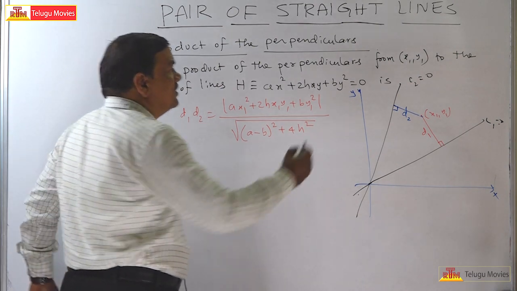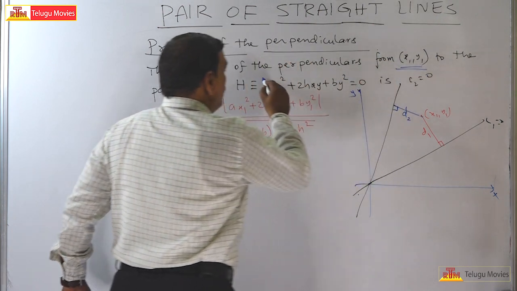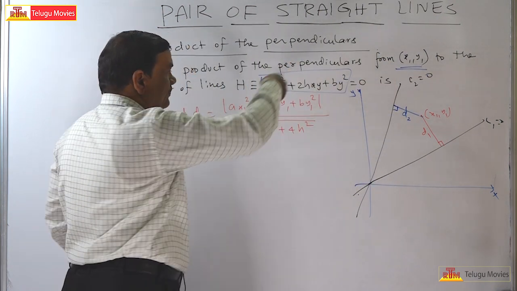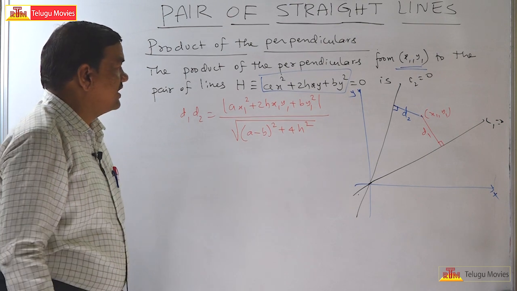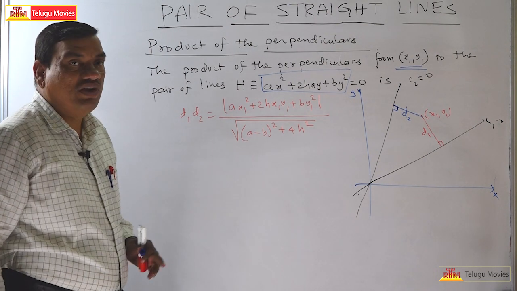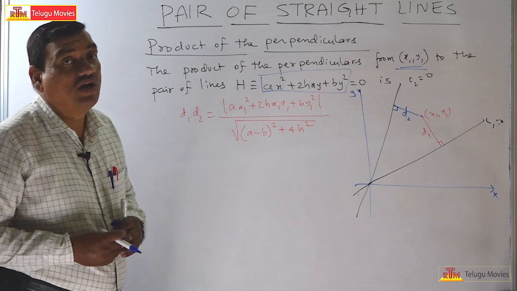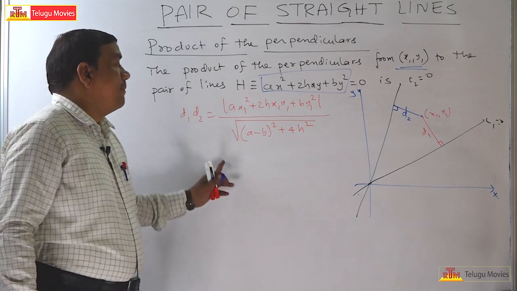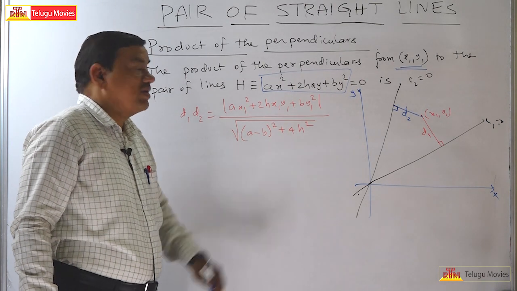That means, substitute this x1 y1 value in the left hand side part, ax1 square plus 2hx1y1 plus by1 square. It will definitely not be zero, because x1 y1 does not lie on any one of the lines.